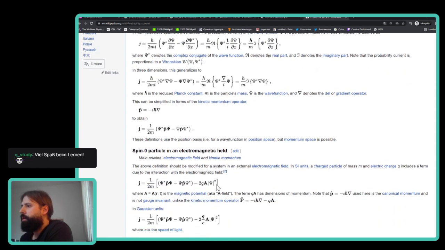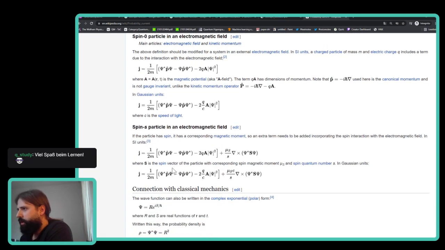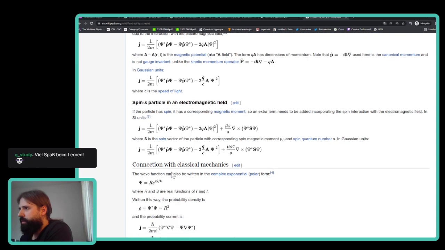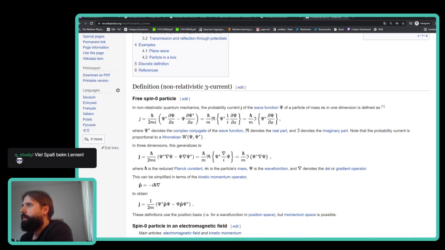Spin 0 particle, spin s particle. I mean, these things change a lot. Connection with classical mechanics. First of all, what is a spin 0 particle?